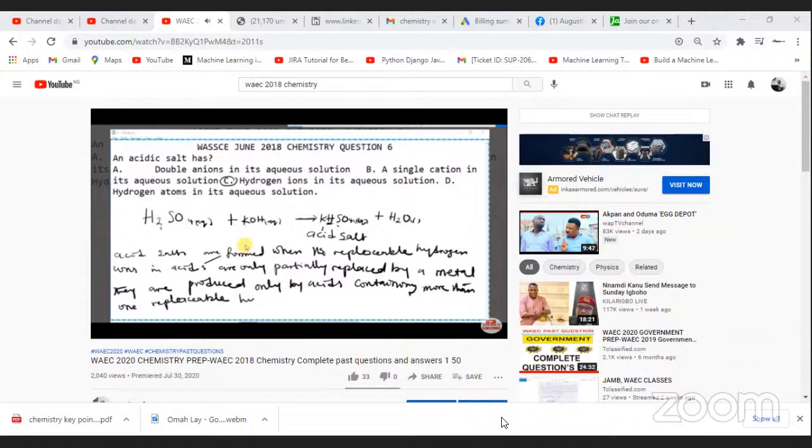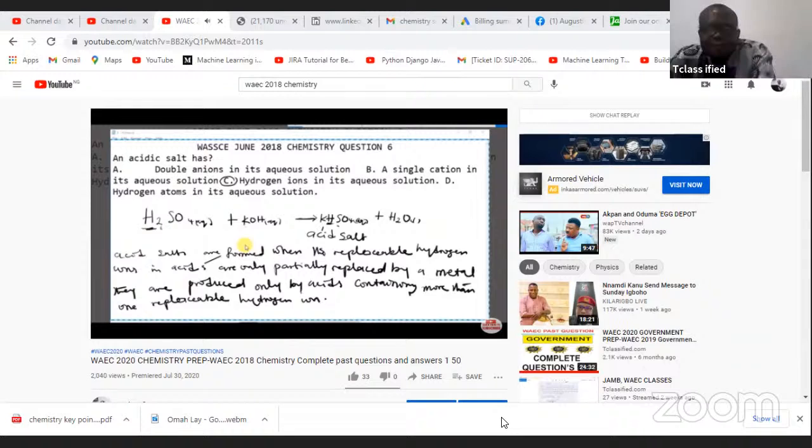Number 11. Ethene is produced from ethanol by A. Decomposition, B. Hydrolysis, C. Ozonolysis, D. Dehydration. So what's the answer?